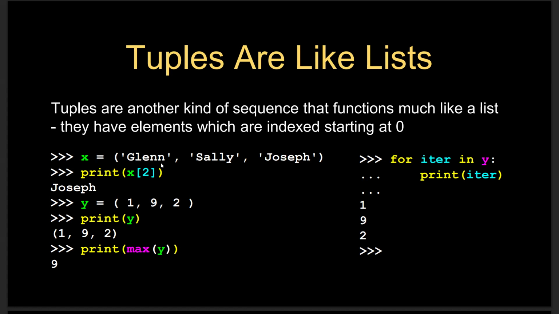So whenever you print x of 2, it prints Joseph. Next, using numbers in the tuple: y equal to 192. Here I have mentioned numbers in the tuple using parentheses. Whenever I print y, it will print 192. We also have some built-in functions like max.